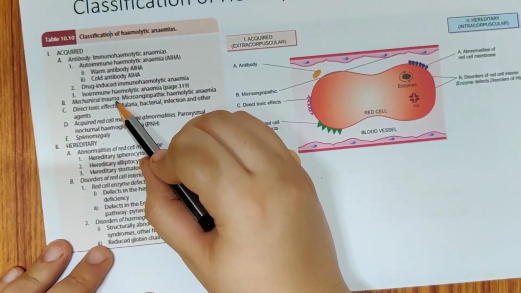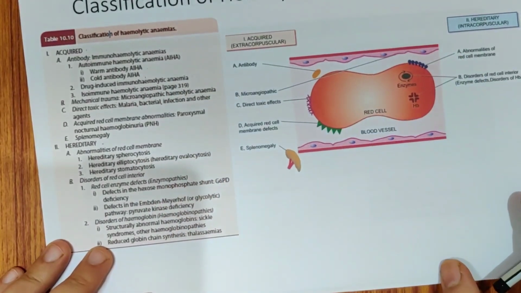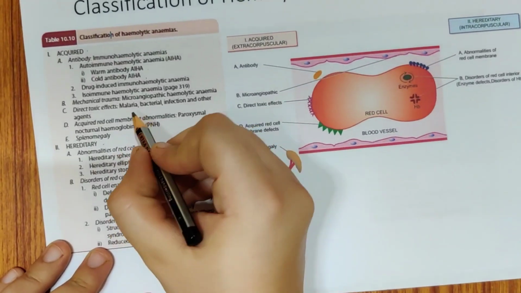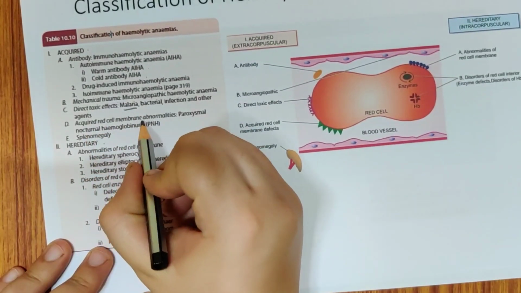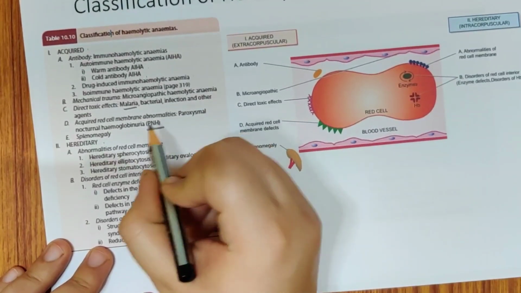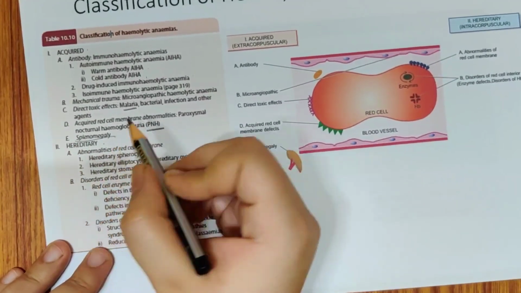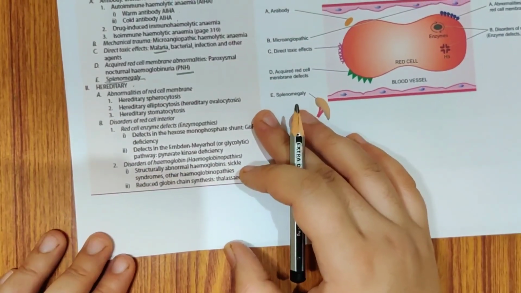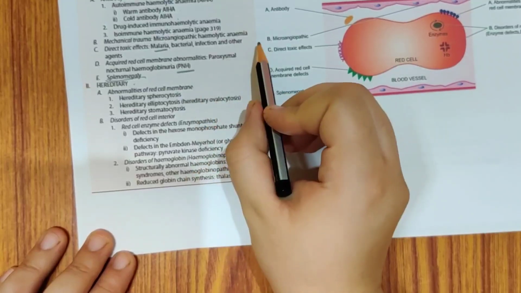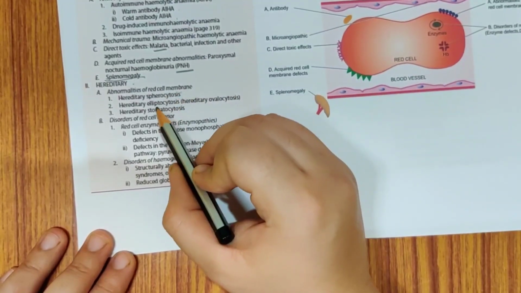Then mechanical trauma. Mechanical trauma can lead to microangiopathic hemolytic anemia. Then direct toxins like malaria. Acquired red cell membrane anomalies like paroxysmal nocturnal hemoglobinuria. Then you have splenomegaly. Now hereditary causes. Any defect to the red cell membrane, which I've already discussed, is hereditary spherocytosis, elliptocytosis.